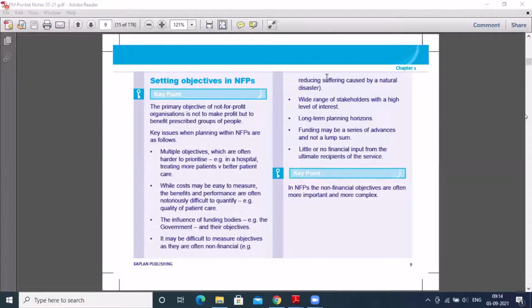Generally, most of these not-for-profit organizations will have a clear vision and mission. It means what position the not-for-profit organization should be in after 5 years. Let us assume I take a hospital as an example.